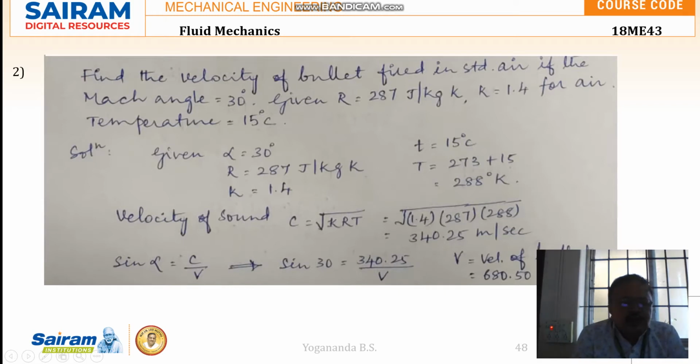The velocity of the projectile is V, and the velocity of the disturbance is C. So sin alpha is C by V. Alpha is 30, so sin 30 is equal to the velocity of disturbance, 340.25, divided by V, the velocity of the projectile. The projectile here is nothing but the bullet fired. Using this we find V, the velocity of the bullet. That is 680.50 meter per second. Thank you, friends.